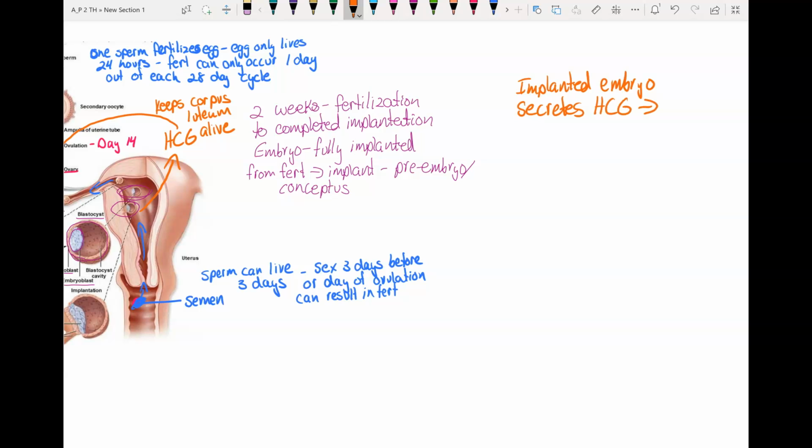HCG keeps the corpus luteum alive, or maintains the corpus luteum. And then the corpus luteum will continue to secrete estrogen and progesterone.